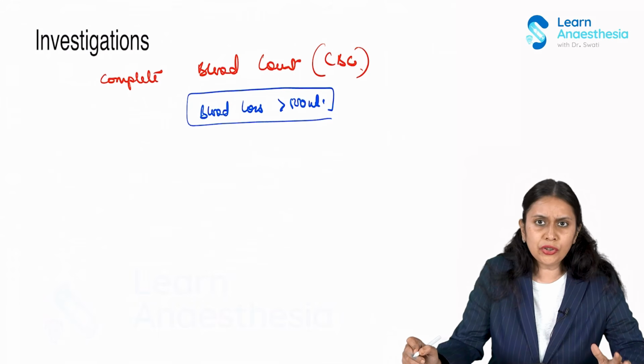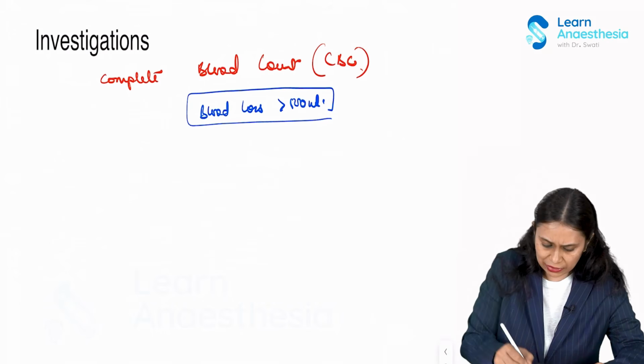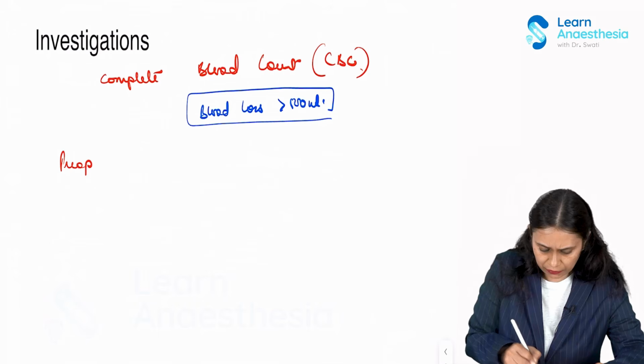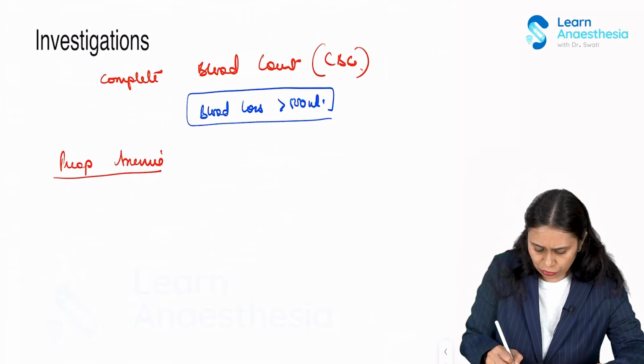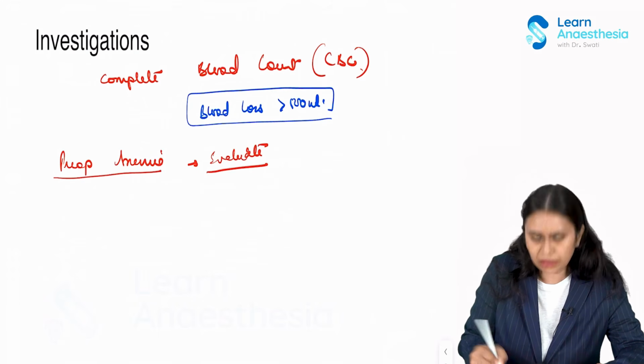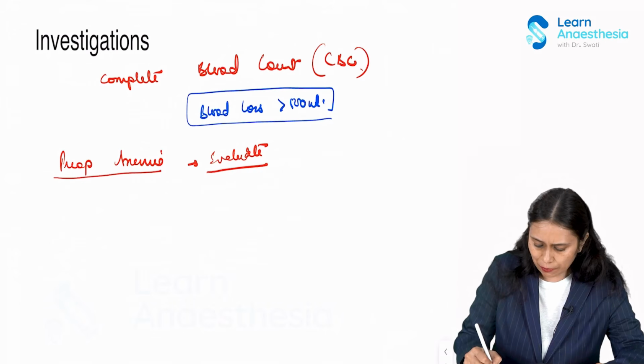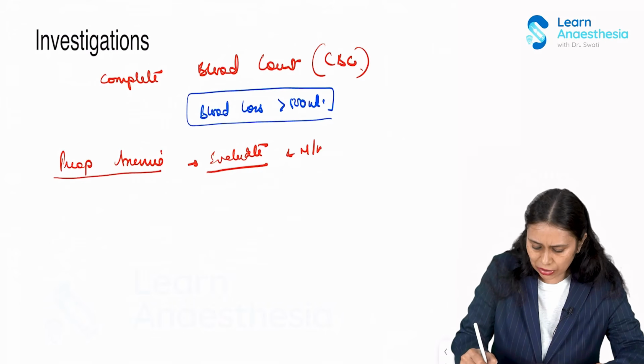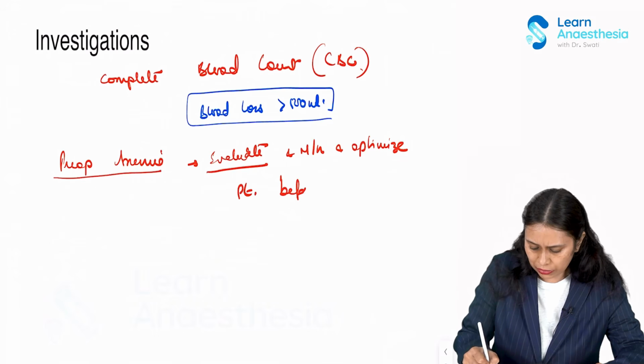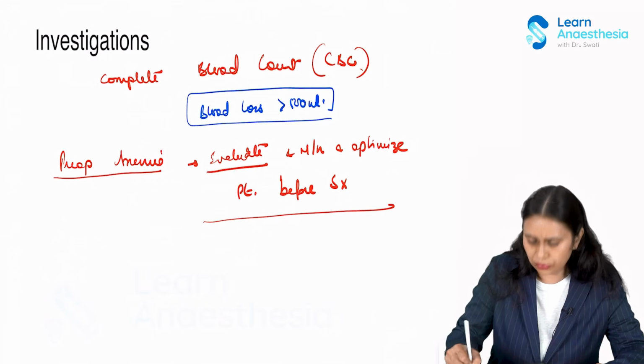And if the surgery is a major surgery and the patient has preoperative anemia, we need to evaluate the reason why the patient has preoperative anemia, and we can manage and optimize the patient before surgery, and then take the patient for surgery.